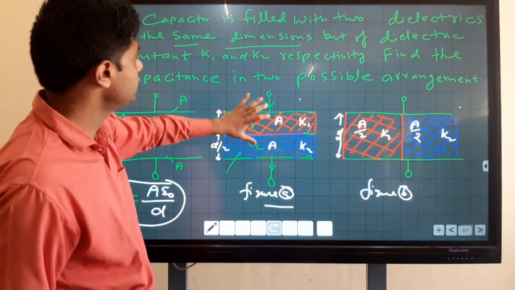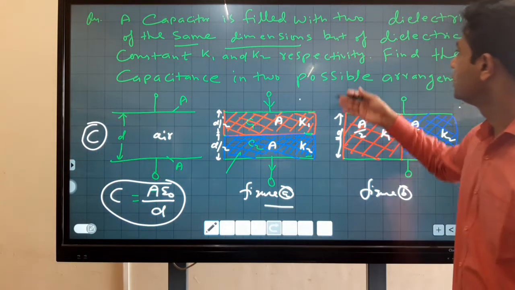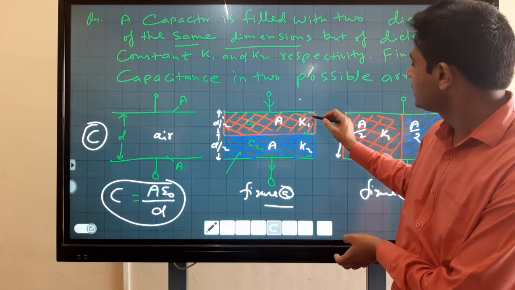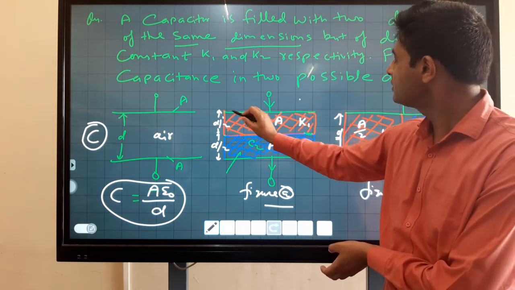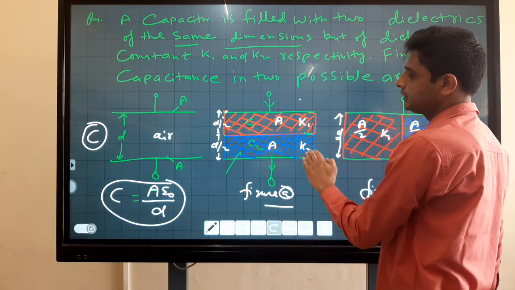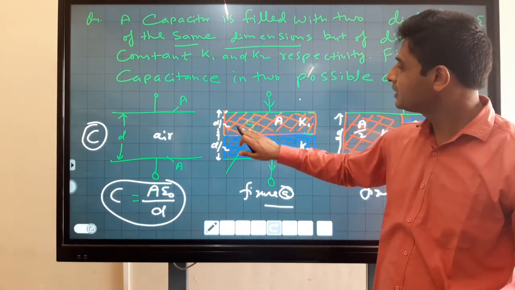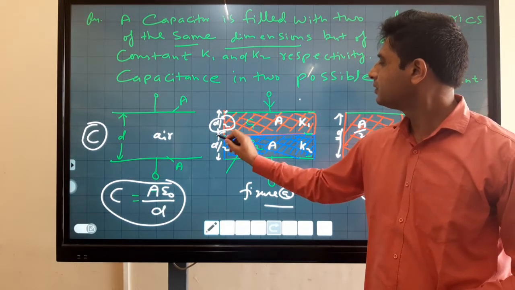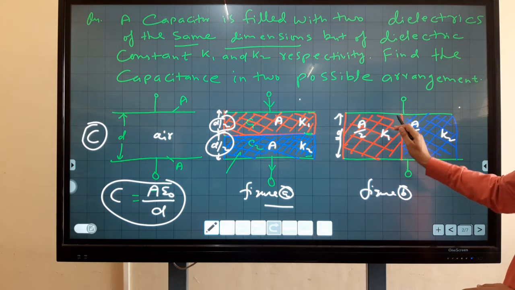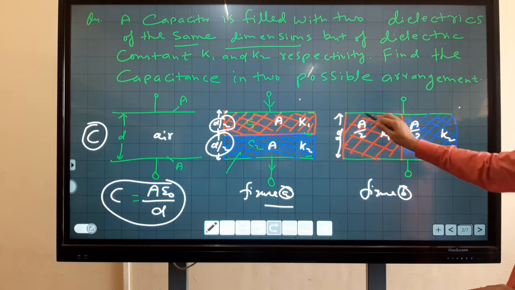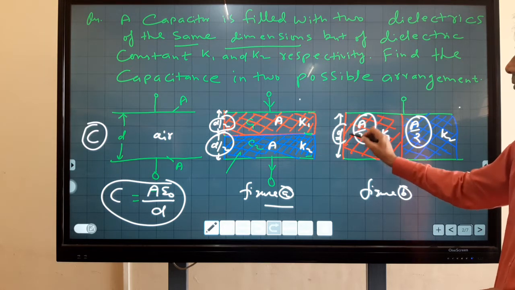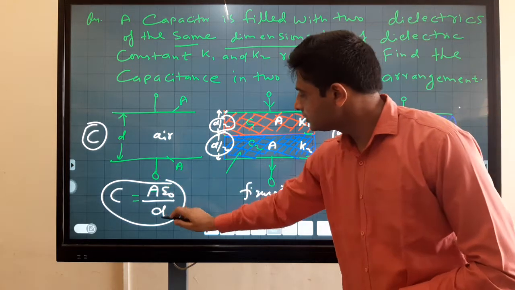But when the distance between the plates is filled by two dielectrics, as you see, in the first case the area is covered completely by dielectric constants K1 and K2, but the distance covered by each dielectric is half, because the dimension is the same. In the second case, the area covered by K1 and K2 is half, but the distance covered is the same as the initial value.